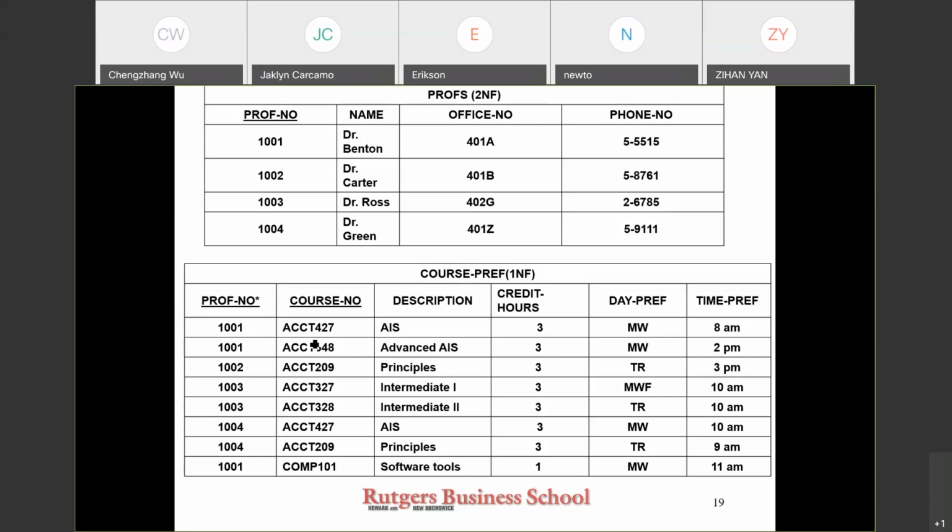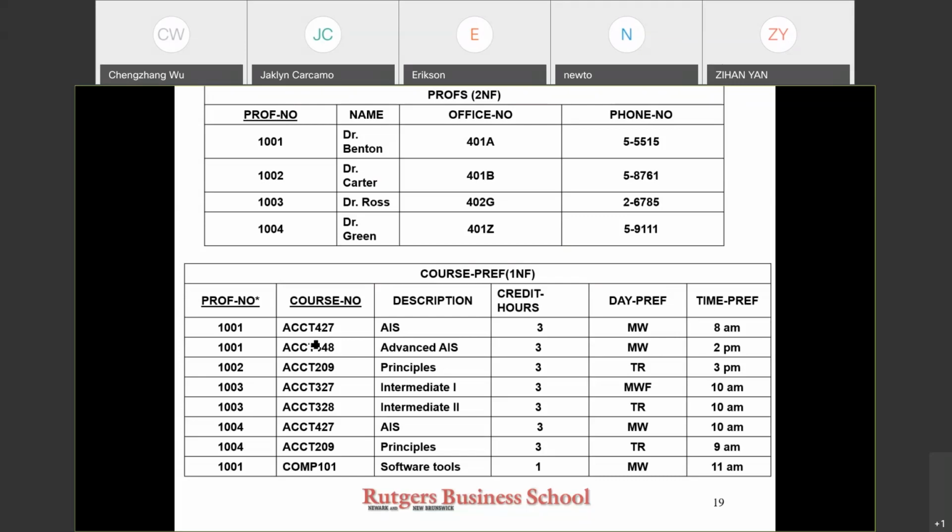Adding a course with a course number while leaving the professor number blank would be a violation of entity integrity. So entity integrity was discussed in chapter 6. Under the requirements of entity integrity, the primary key cannot be null.